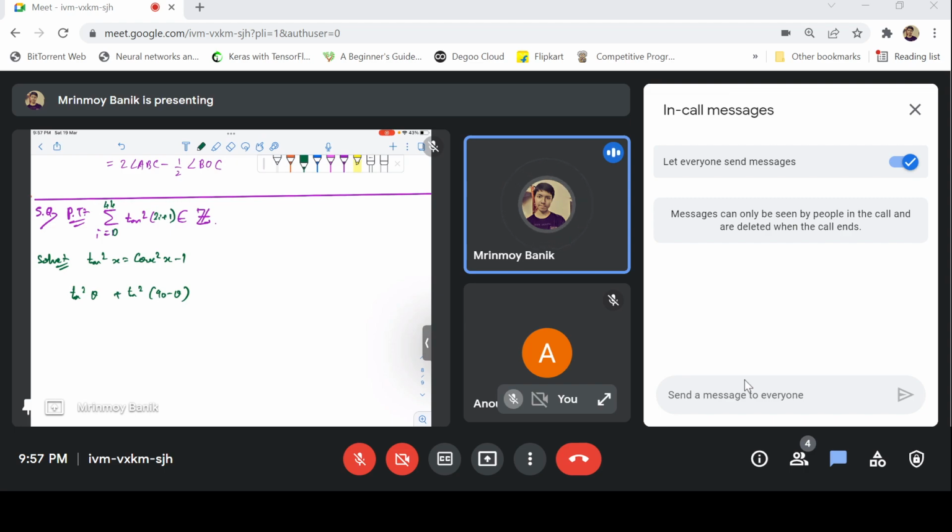To show this is an integer. Any idea how to proceed? Not quite.